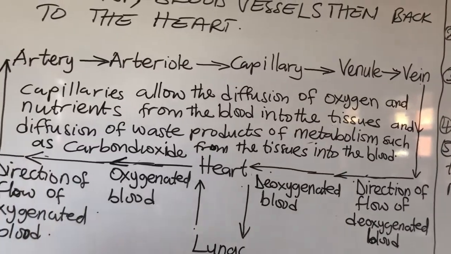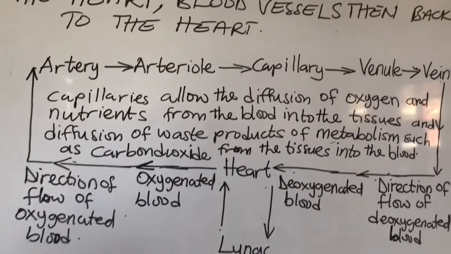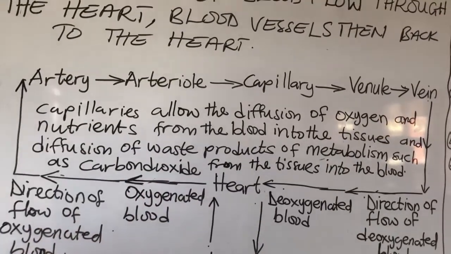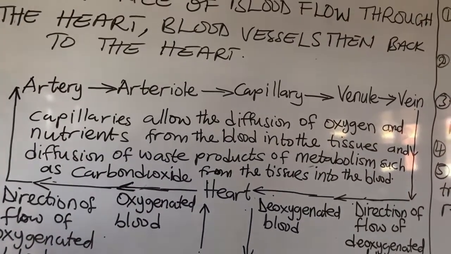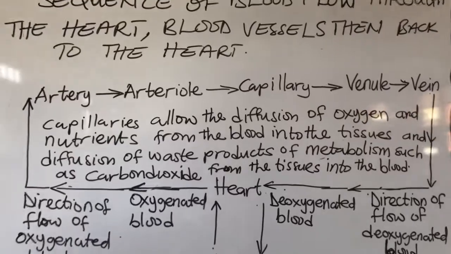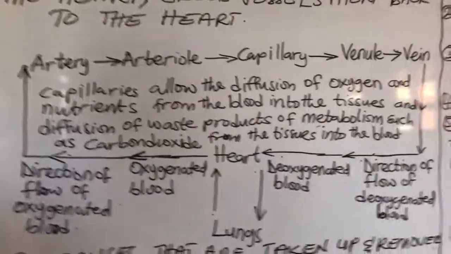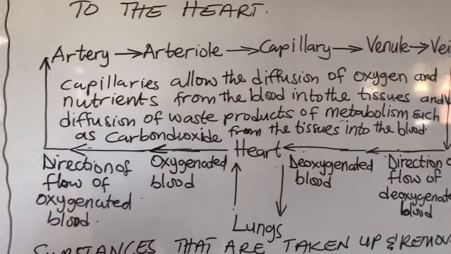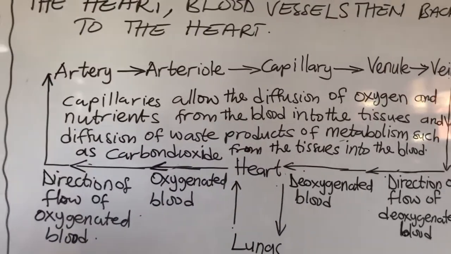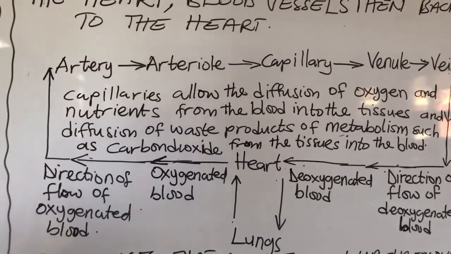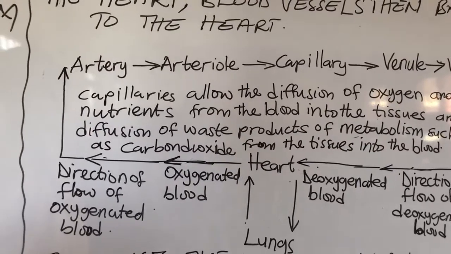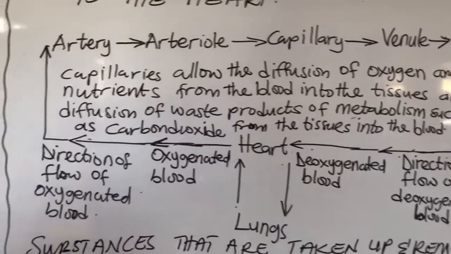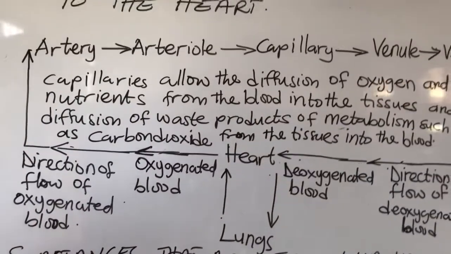So it is the capillaries that allow that to come out, through the process known as diffusion. That is movement of particles or molecules from a region of high concentration to a region of low concentration until the particles are evenly distributed. That is diffusion.